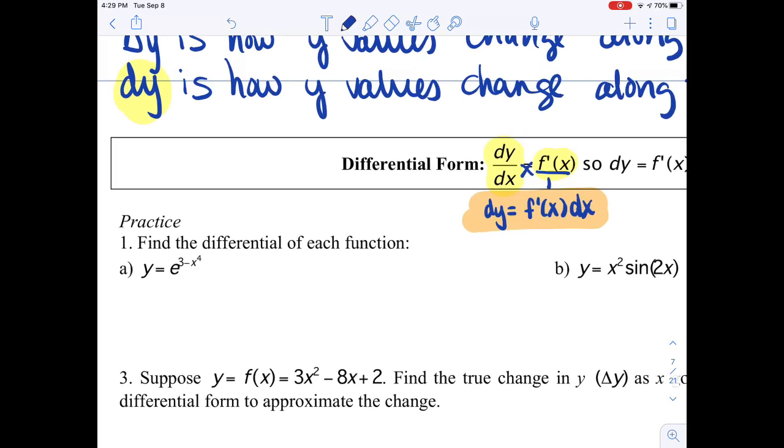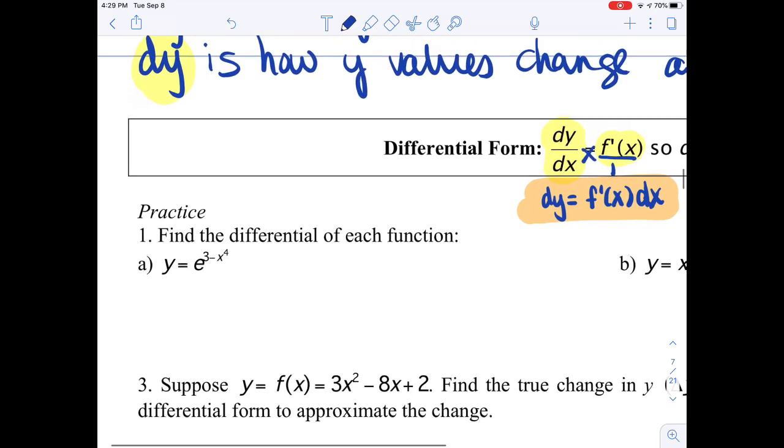So take a look at letter A. This originally starts as y equals e to the 3 minus x to the 4th. To put this in differential form, that means I want to put it in the form of dy equals f prime of x dx. So to put something in differential form, you're just going to take the derivative.